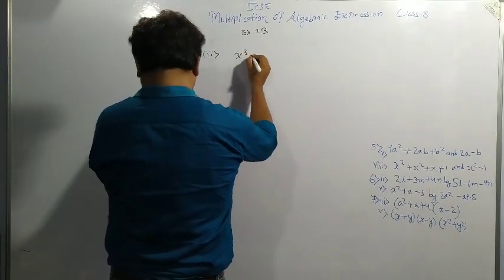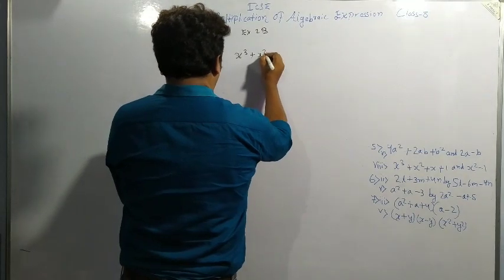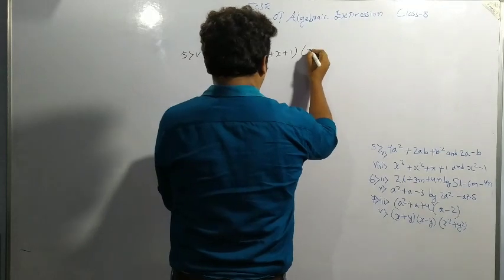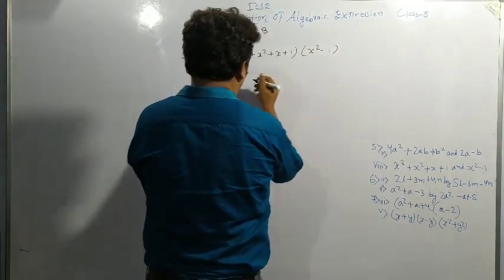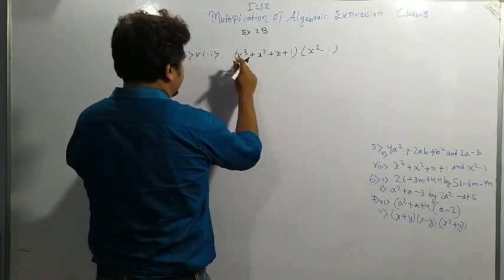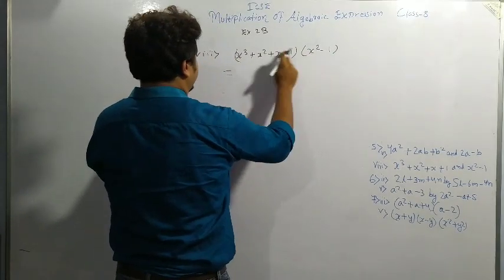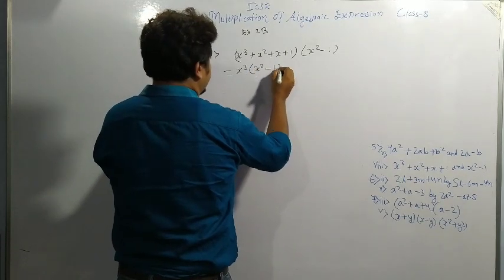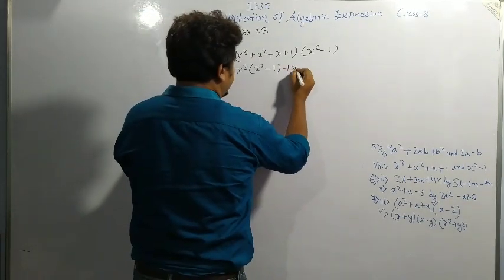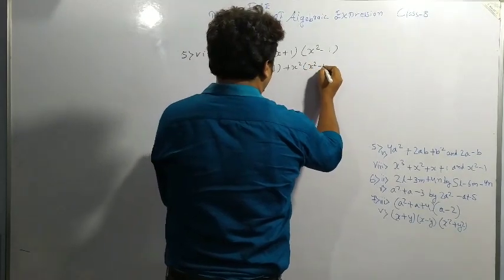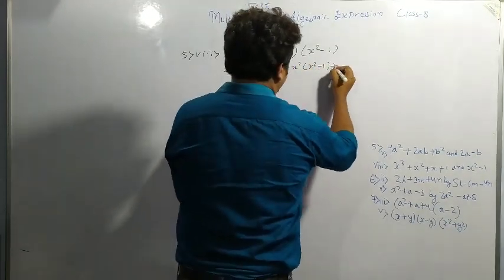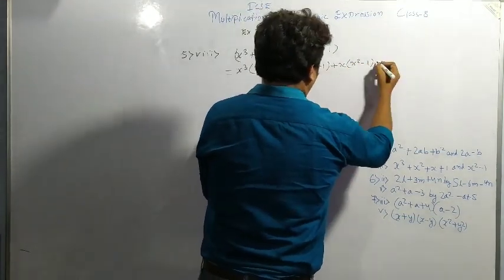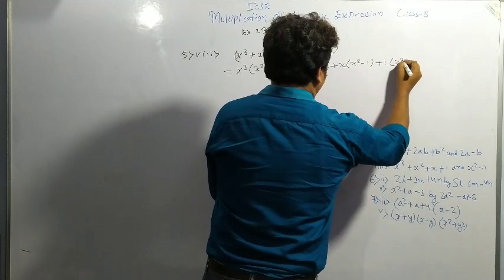x cube plus x square plus x plus 1 into x square minus 1. So what we have to do? We will be multiplying x cube into x square minus 1, then plus x square into x square minus 1, then plus x into x square minus 1, then plus 1 into x square minus 1.